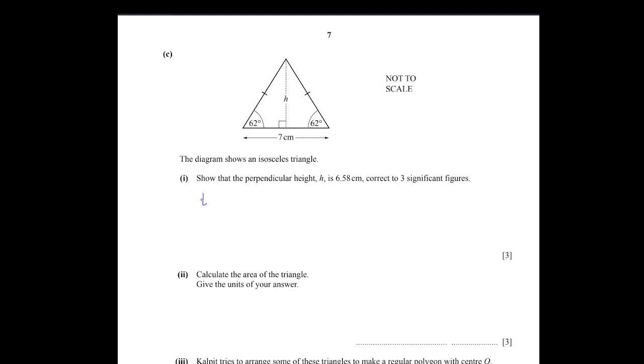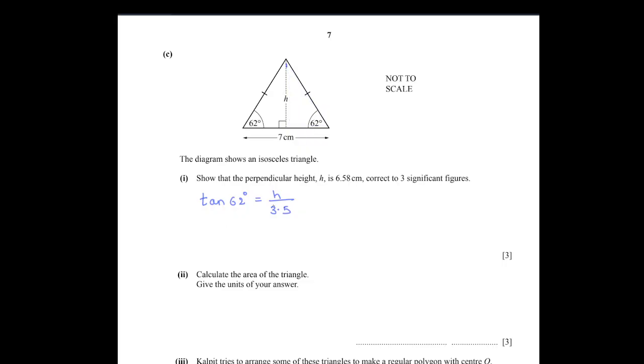So tan 62 is equal to opposite by adjacent. So h by adjacent is 3.5 because we have to halve this 7. We are taking only one triangle, and finding out the height using the tan rule.